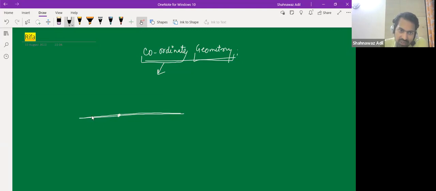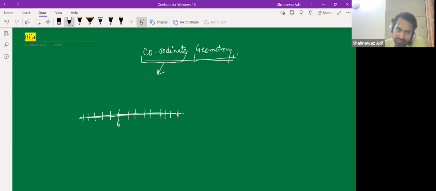I will divide this line into equal 1 unit lengths, and if the person is standing here, I will say it is 1, 2, 3, 4, 5, 6. So she or he is at the sixth position. This is the location because the person is on this same line.